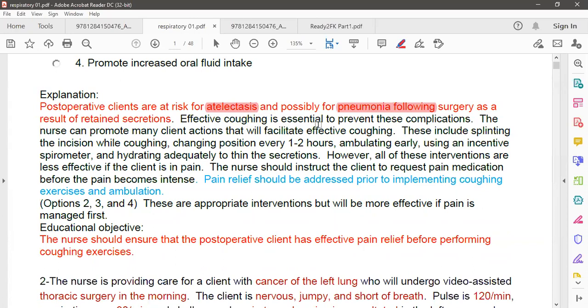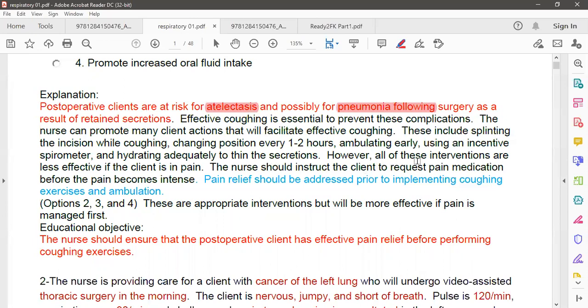Effective coughing is essential to prevent those complications. The nurse can promote many client actions that facilitate effective coughing, including splinting the incision while coughing, changing position every 1 to 2 hours, ambulating the client, using a spirometer, and adequate hydration.